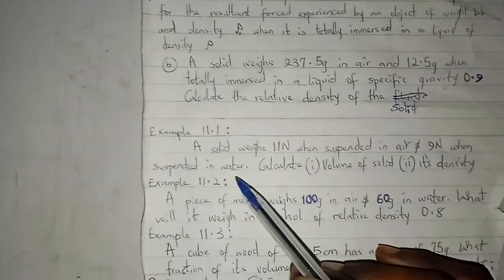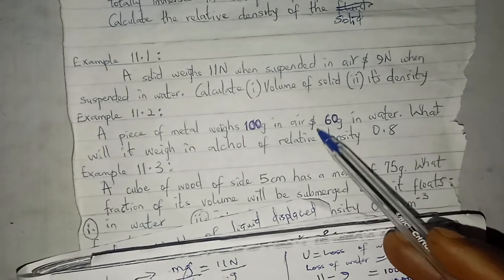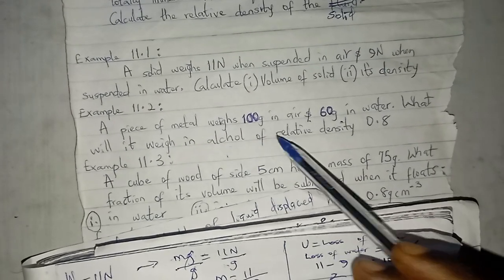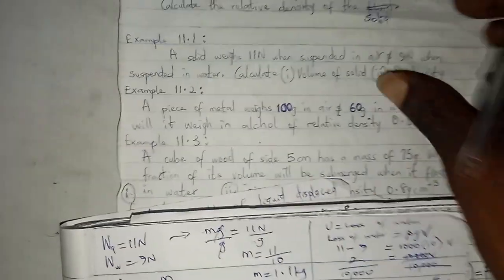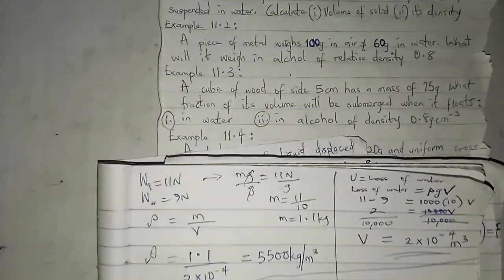The next one says a piece of metal weighs 100 gram in air and 60 gram in water. What will it weigh in alcohol of relative density 0.8? So let me write it out.